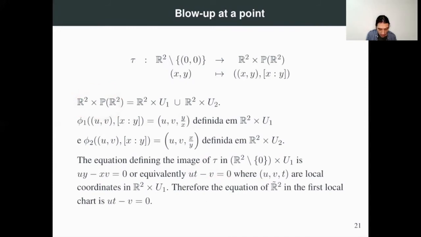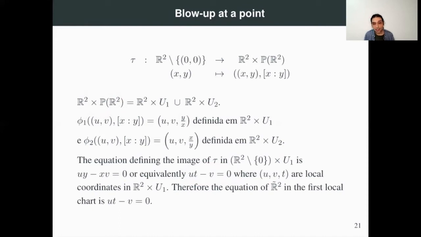This space has dimension 3, and this is going to be a submanifold of codimension 1, or in other words, of dimension 2. So in the first local chart, we have that the blow up of the plane at 0 is actually a submanifold.